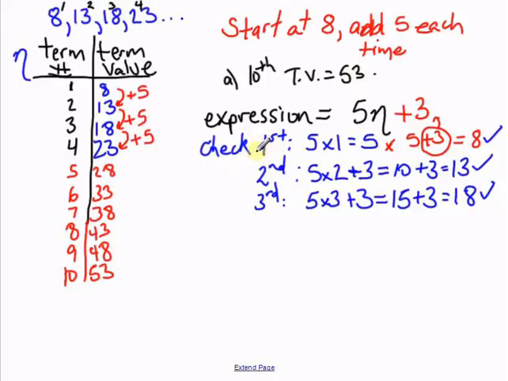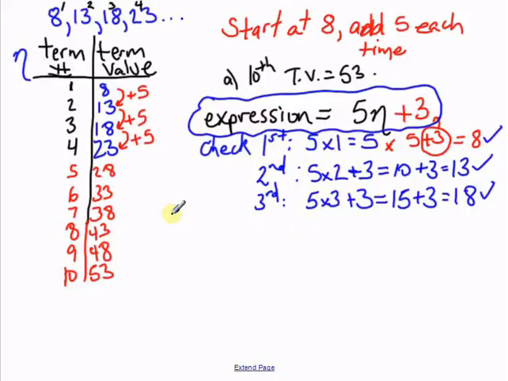Now that I've checked the first 3 of the pattern, I know I'm right. Here is my expression. And this will work for every single term number that I want. Any term value that I want, I'm simply going to do 5n, 5 times the term number, plus 3.